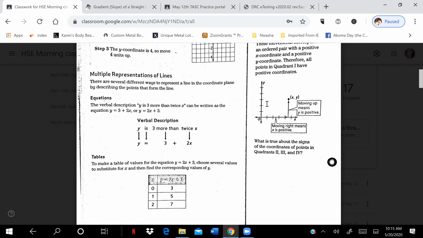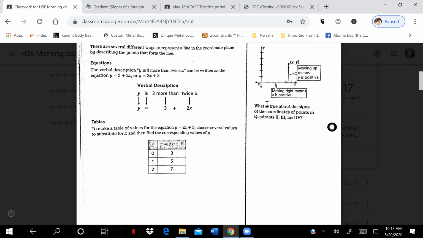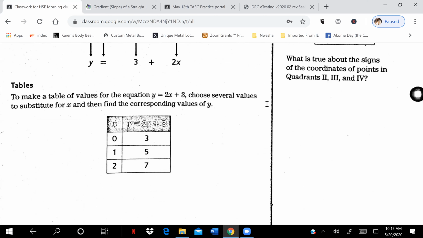So what you're looking for, if they ask you what is a solution to the line, the points have to be on the line because we're looking at this formula right here in this table. It says x in one column and y in the other column, but they're telling you how to find the y: y is 2x plus 3.